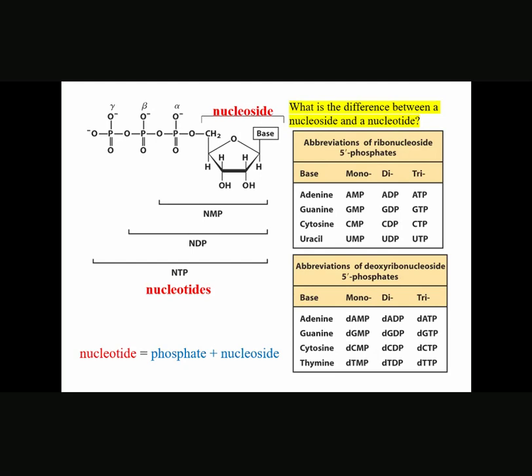So tides have phosphate. A nucleotide is a nucleoside with a phosphate attached to it. I think I do have some of these questions in the easy generators, just so you don't trip over it yourself. And as I said, I find myself tripping over this all the time.